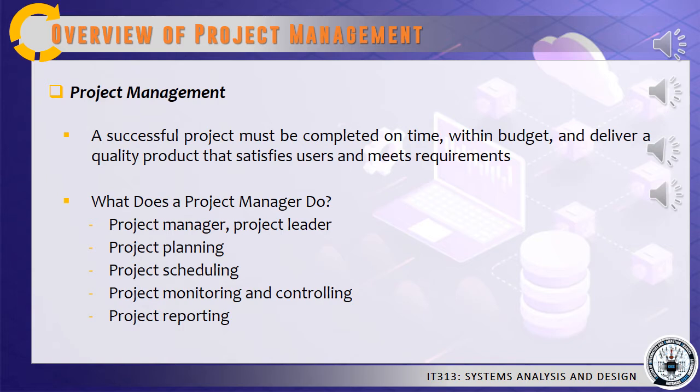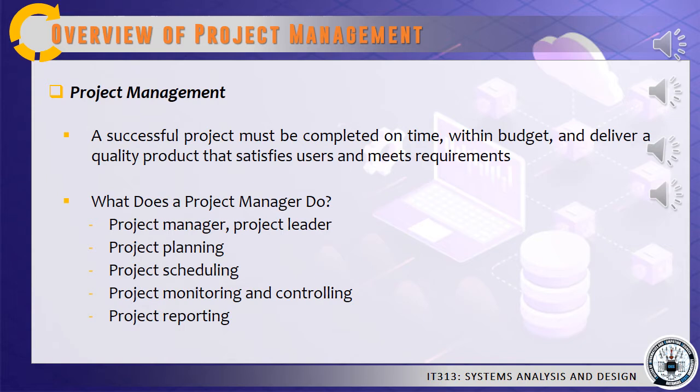And the fourth activity is project reporting, which includes regular progress reports to management, users, and the project team itself. Effective reporting requires strong communication skills and a sense of what others want and need to know about the project.